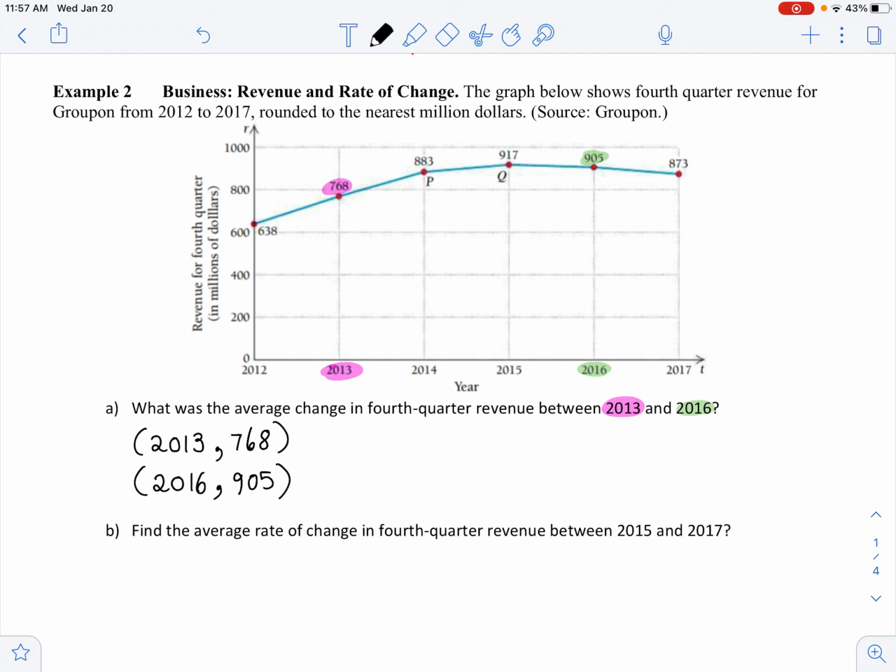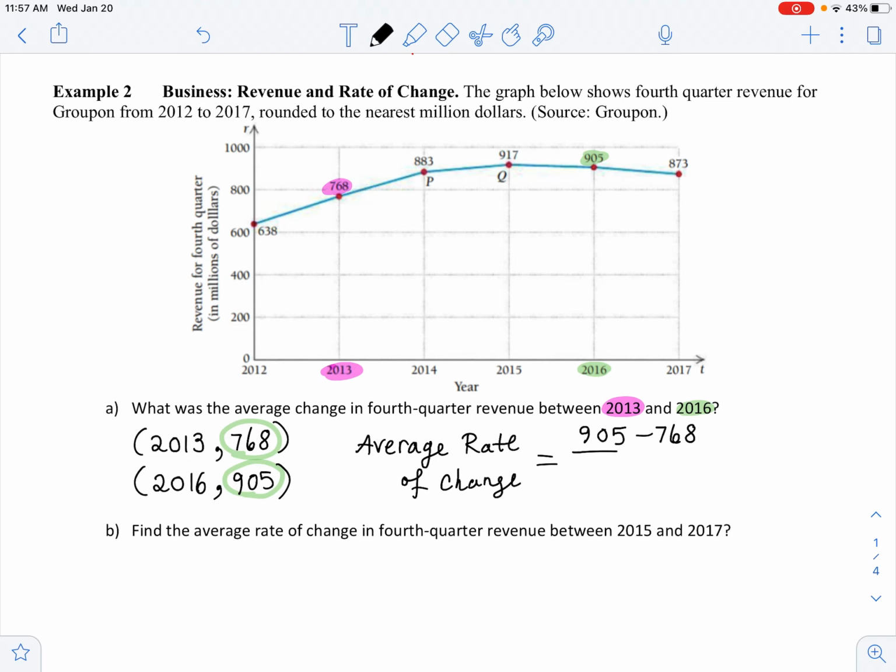Okay, let's find the average rate of change. Average rate of change equals, I need to subtract the y values. 905 minus 768.